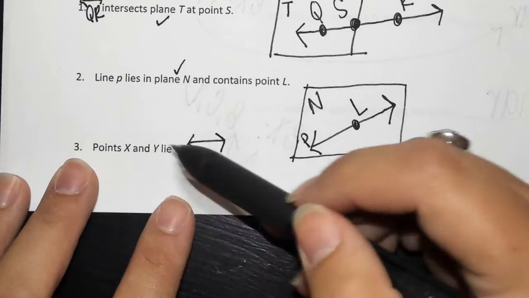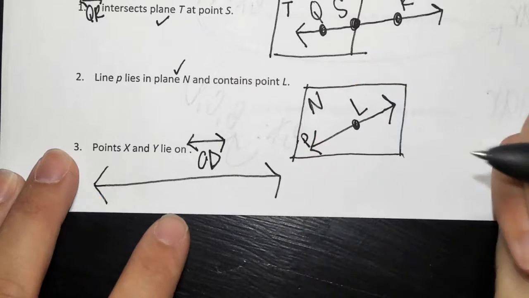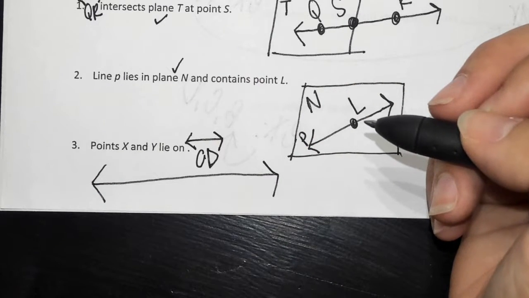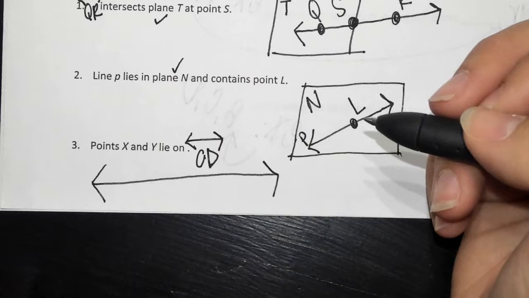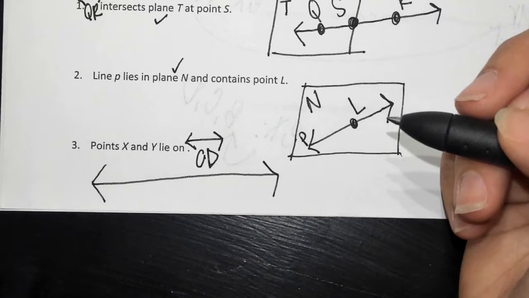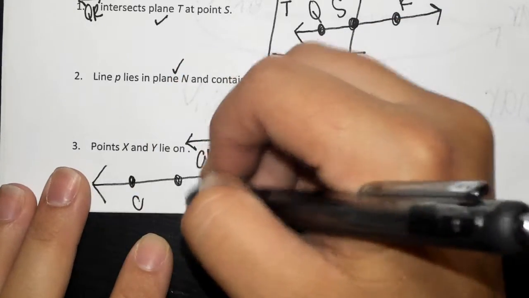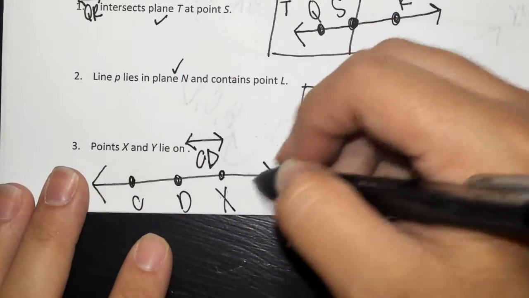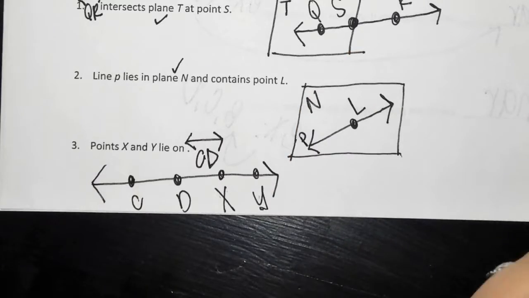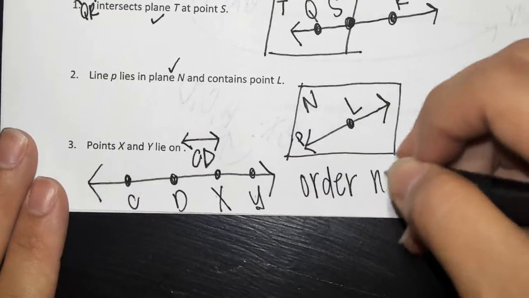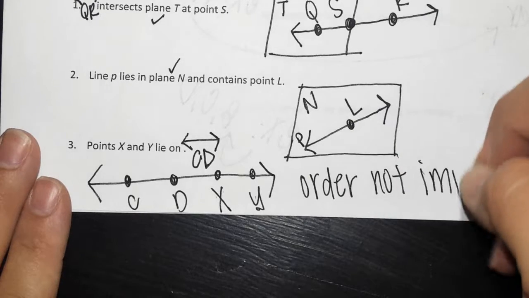Well, points X and Y lie on this line. Okay, well, here's this line. So there's going to be 4 points on this line. What four? C, D, what else? X, Y. Does it matter the order? Nope. Okay, order doesn't matter. Order is not important.